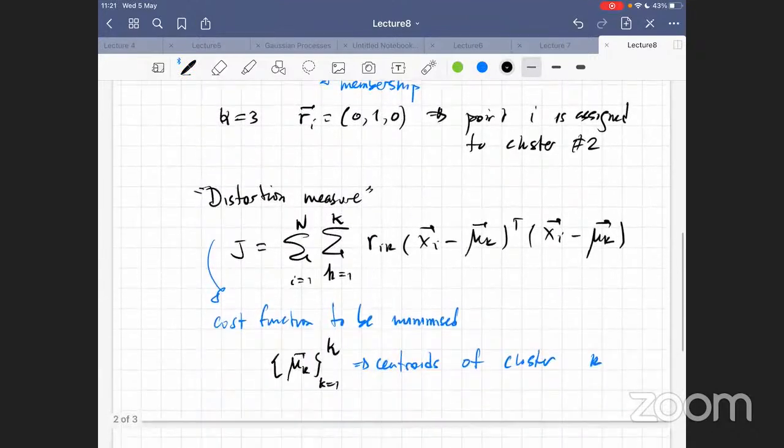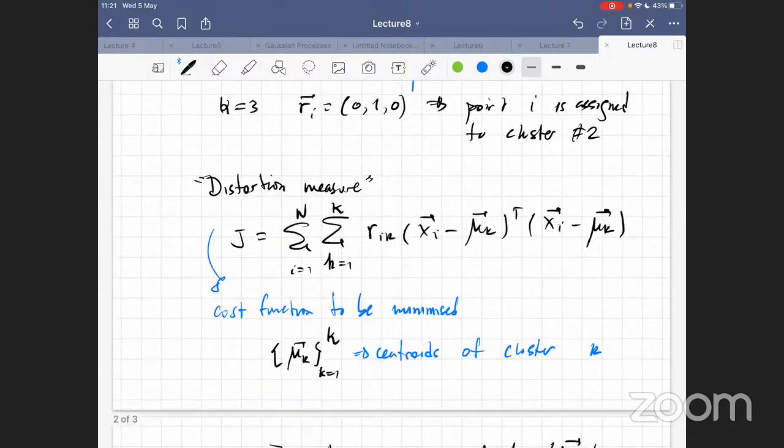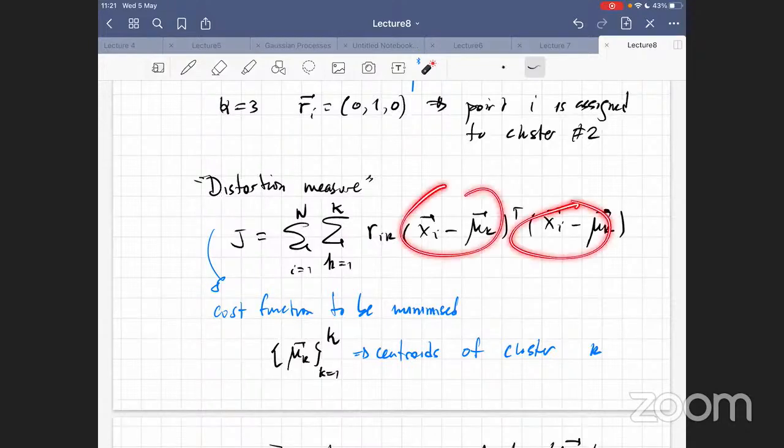So if you look at this expression, the first task is to minimize this with respect to r_ik. In order for this sum to be minimal, the best value of k would be the one for which these terms are minimum.